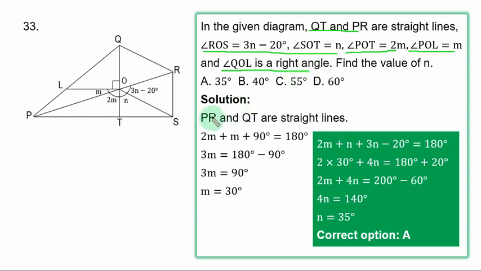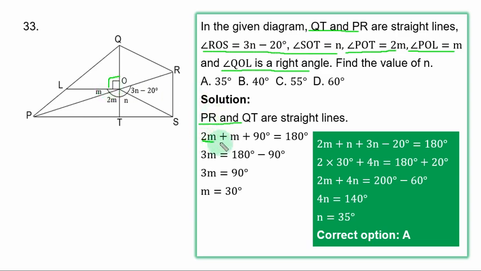Let us work with PRO and QT as they are straight lines, and the angles on a straight line, the sum is 180. So let's start from QT. This angle here is 90 degrees. You have 90 and m, so it's easier to get m from QT before looking for n.